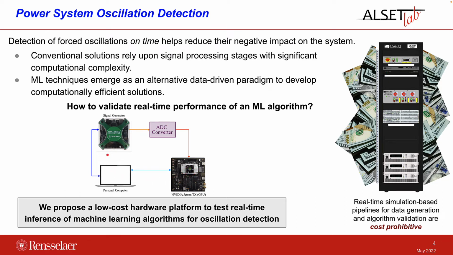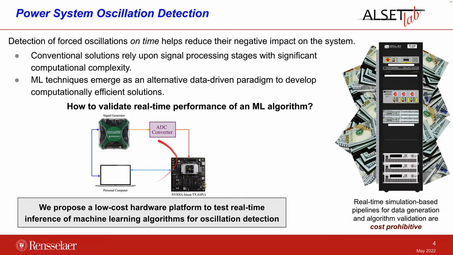This is a low-cost hardware platform because these two devices are not really expensive. In fact, this signal generator is used in basic introductory electronics courses at the undergrad level in our institution, and this GPU can be purchased for less than $500 in the market.